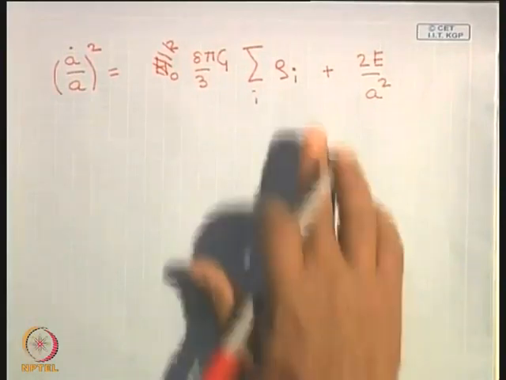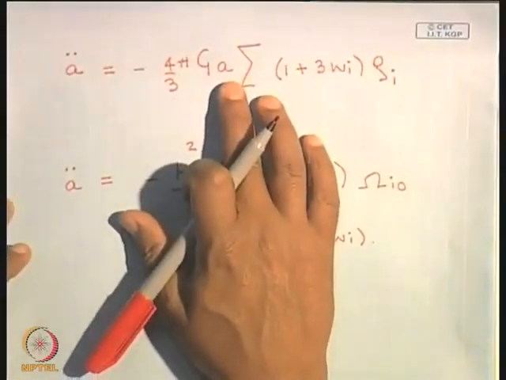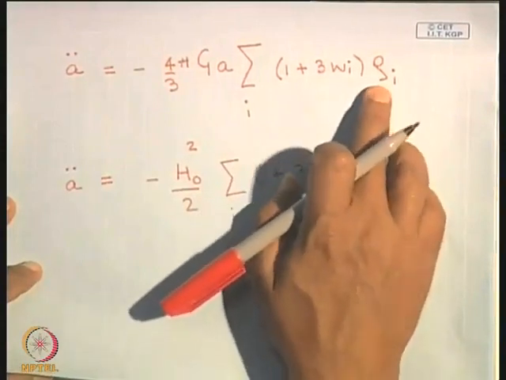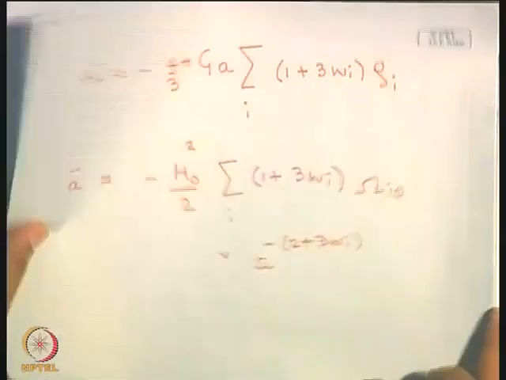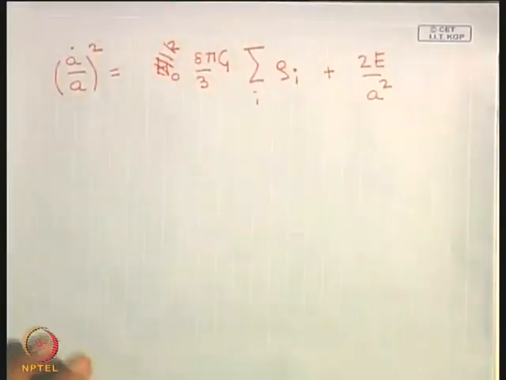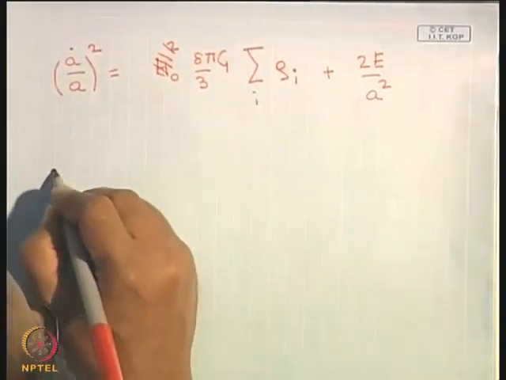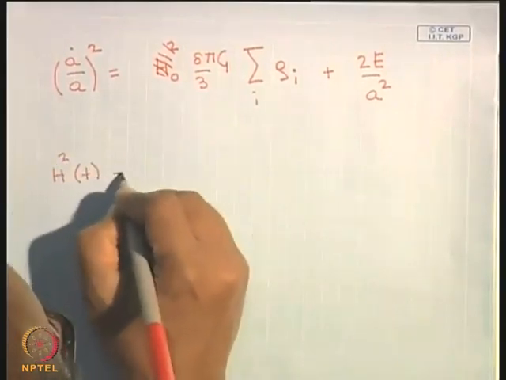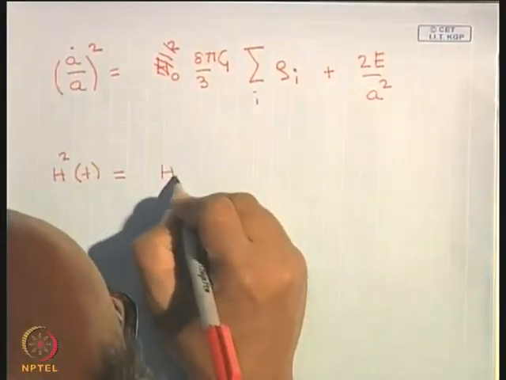Okay, so this is the first integral of this equation, multiplied with A dot. Use the fact that we know the time dependence of rho for each component, and you can integrate this equation once, you will be led to this. We have done this exercise. And this can also be written in the following way: H square of t, the Hubble parameter squared, is equal to H naught square.